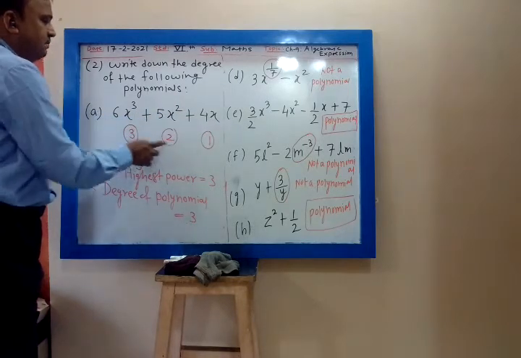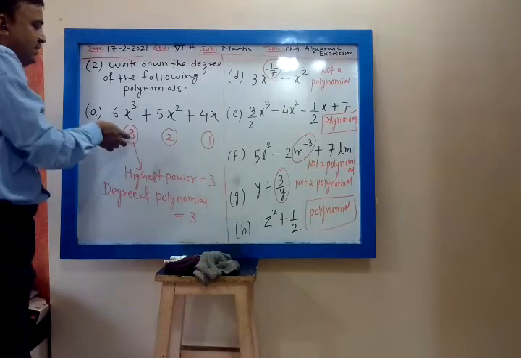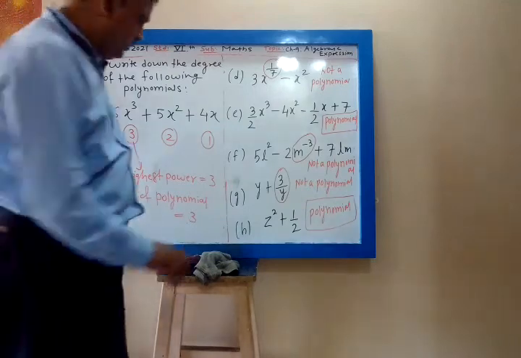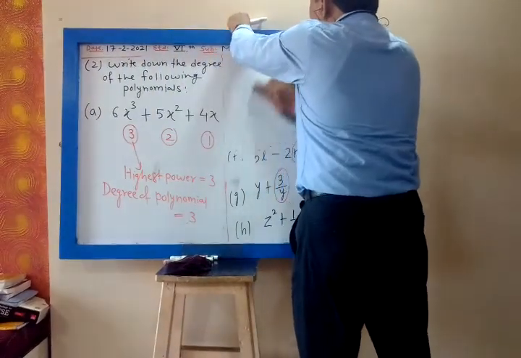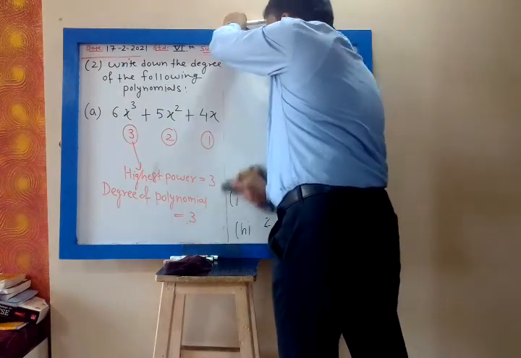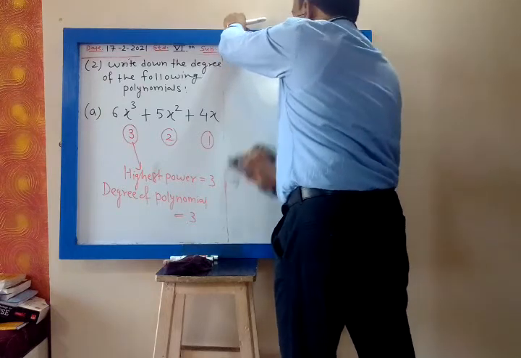They are the powers of the variable. Among these 3, 2, 1, which is the highest? 3. So 3 is the degree of the polynomial. We have to find the highest power.